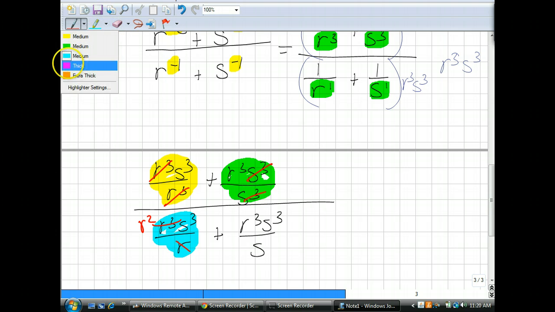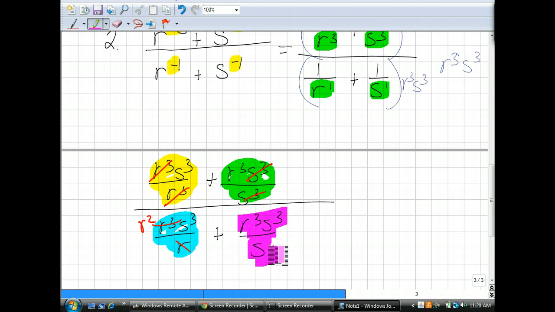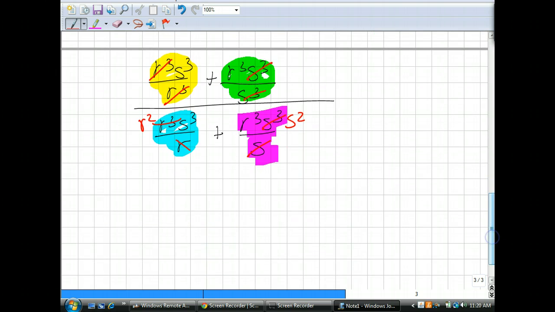And in the second one, we have an s that canceled, so that leaves us an s squared. So when I simplify that, I have s cubed plus r cubed all over r squared plus s squared.